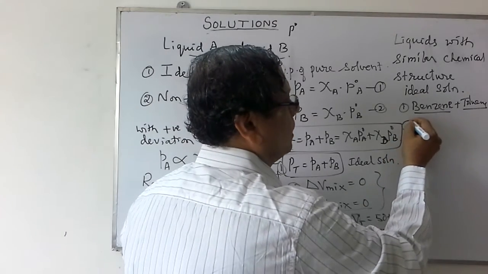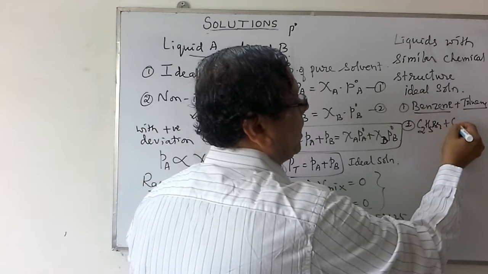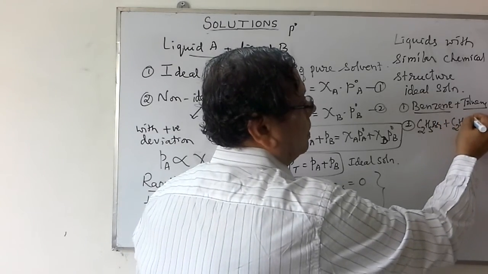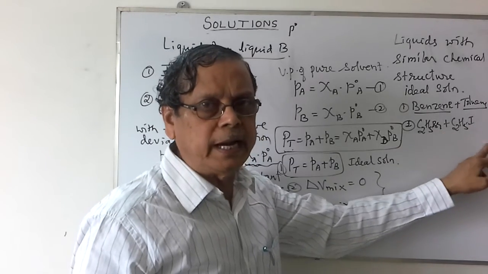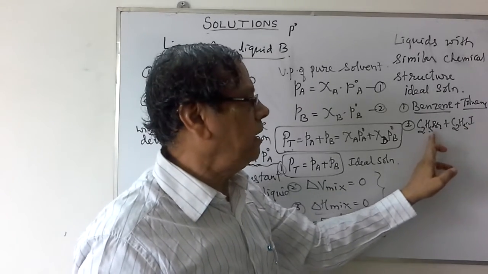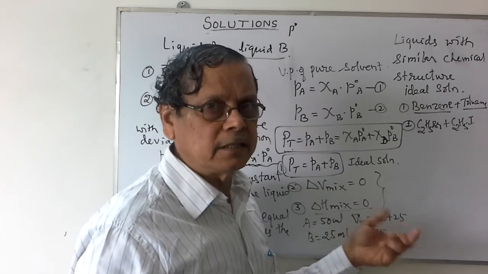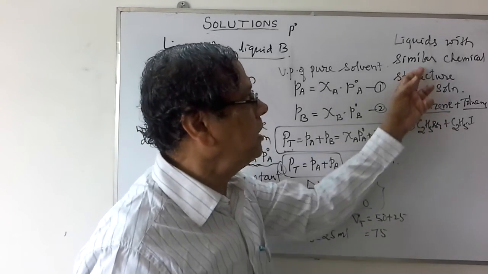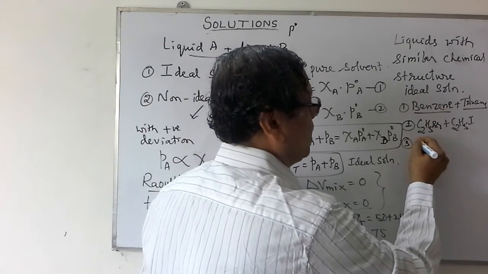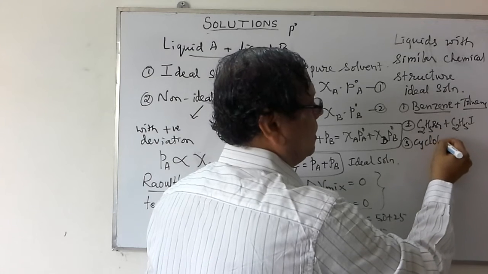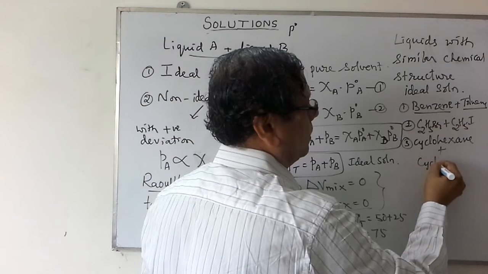Similarly, we can take ethyl bromide plus ethyl iodide. Here there is not much difference in the electronegativities of bromine and iodine. Hence, ethyl bromide and ethyl iodide have almost similar chemical properties or similar chemical structure. That's why they will form the ideal solution. Then coming to the third example, cyclohexane plus cycloheptane.